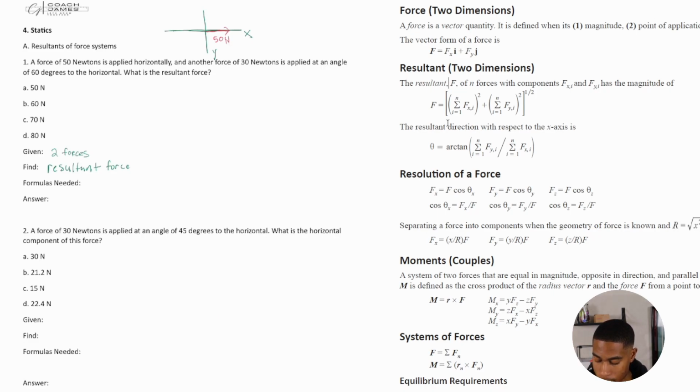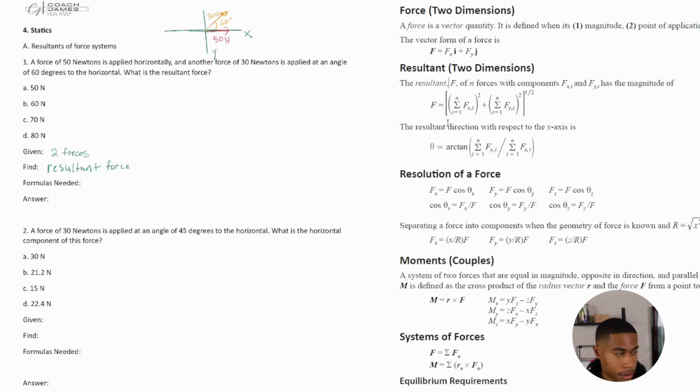And then another one is 30 newtons at an angle of 60 degrees to the horizontal. So from here to here is 60 degrees. And we have this force coming up, and that one is going to be 30 newtons.